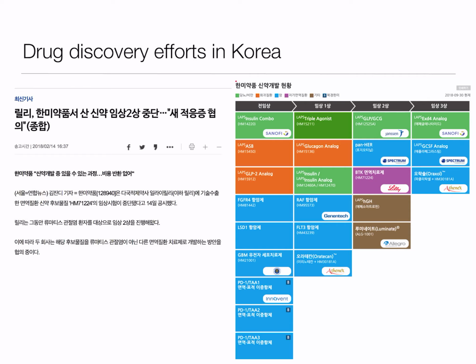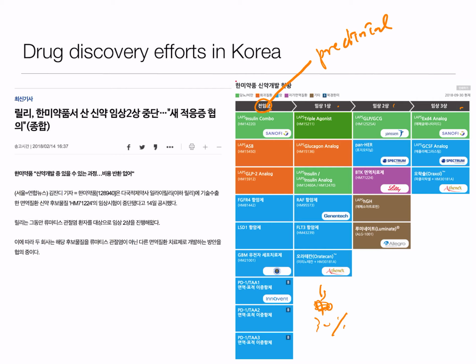So as you can see, this is the preclinical, phase 1, phase 2, phase 3, and I explained what they do during those phases, okay?